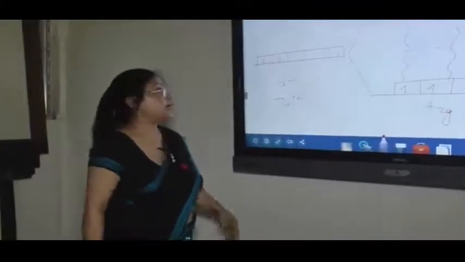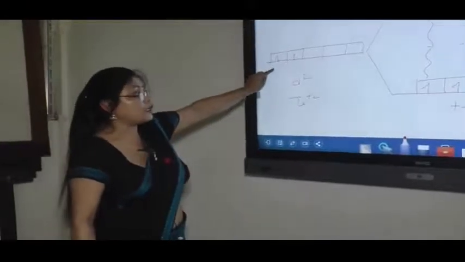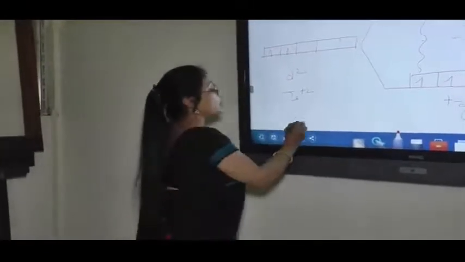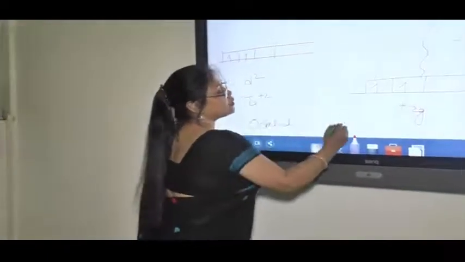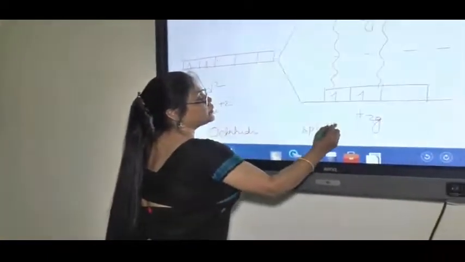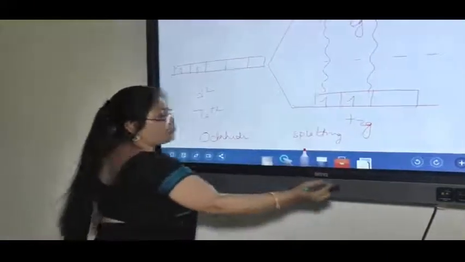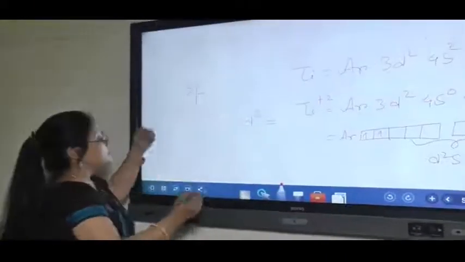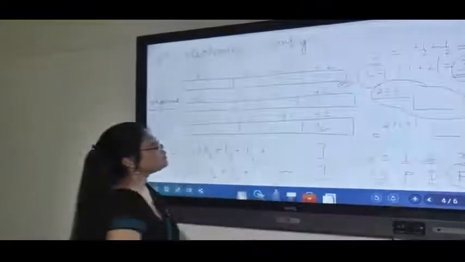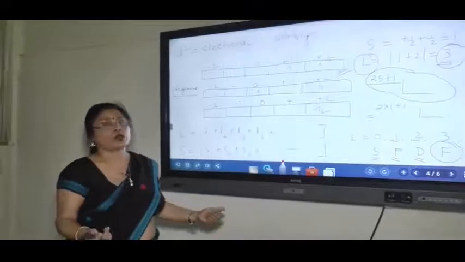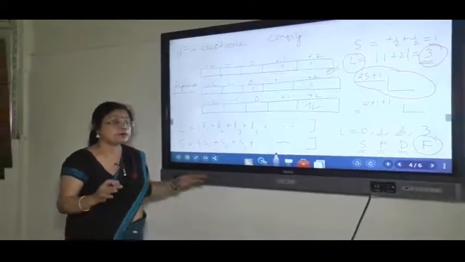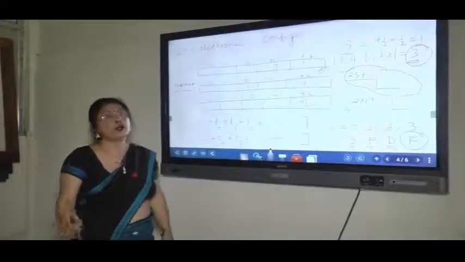Simply, we can say the electronic configuration in an octahedral field undergoes splitting. So what about the term symbol? What about the microstate? Will it undergo any splitting or not? This was explained beautifully by the Orgel diagram.